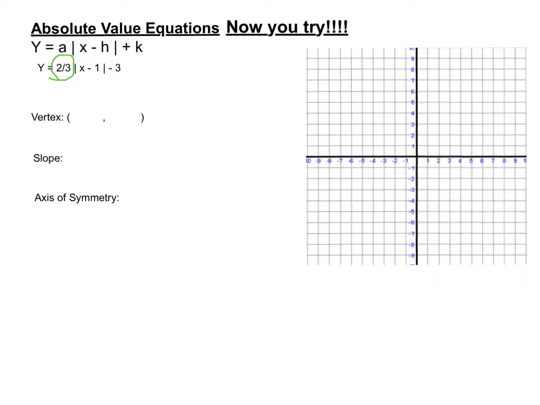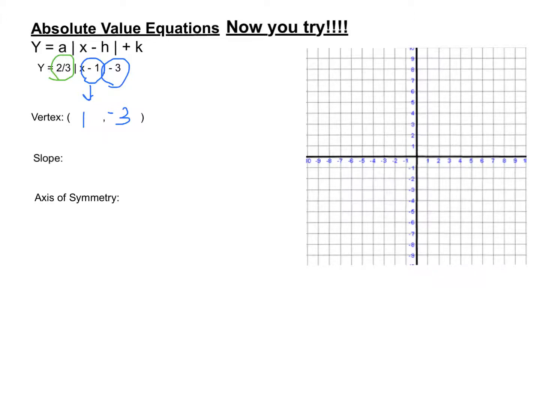All right, so let's step back into this and give it a shot. The first thing we do, remember, is find the vertex. Taking the opposite sign of the x's, it's going to be positive 1, and we keep the k value as it is, -3.